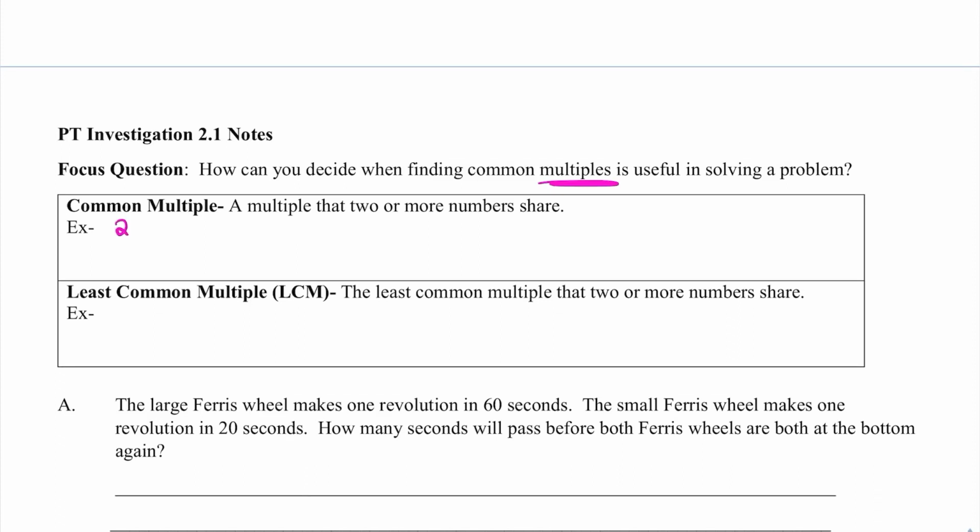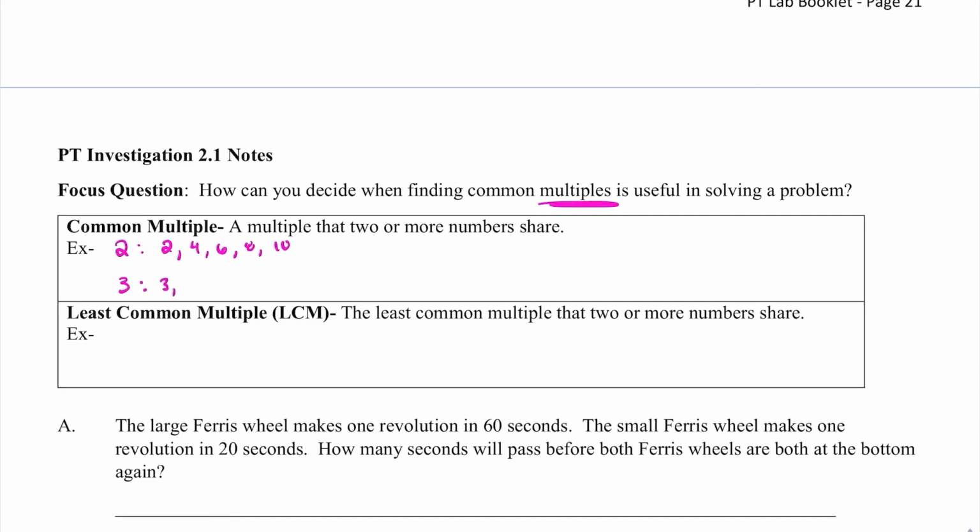If we take the numbers 2 and 3, let's write the first 5 multiples. For 2, it's 2, 4, 6, 8, 10. For 3, it's 3, 6, 9, 12, and 15.